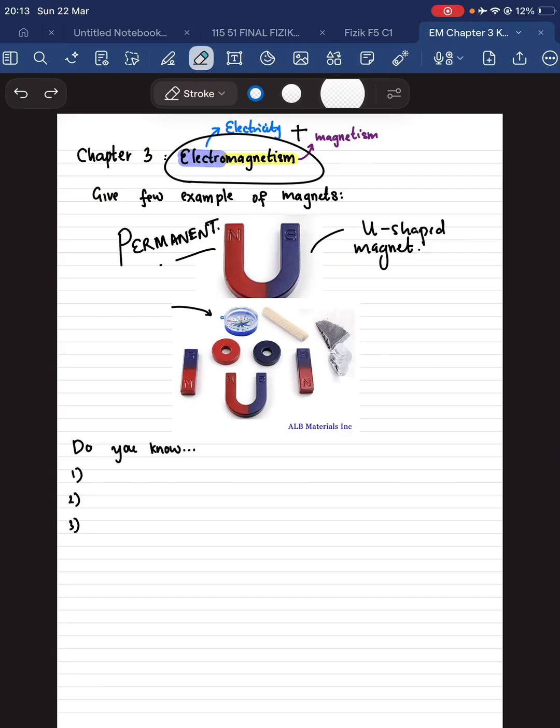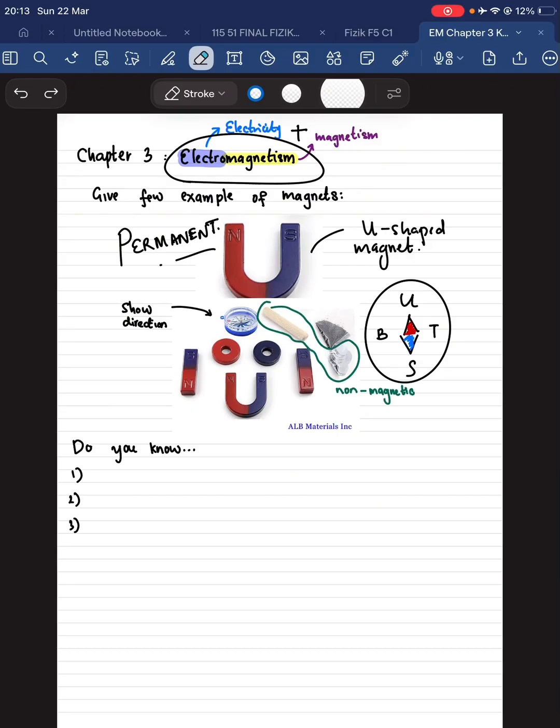And maybe you can say the circular magnet, bar magnet, and even a compass is a magnet, right? Magnetic needle. Okay, so as we know, the compass shows directions, but how is it possible? How can the compass show directions? I mean, how does the mechanism work? And that's why we are going to answer several questions in this topic.